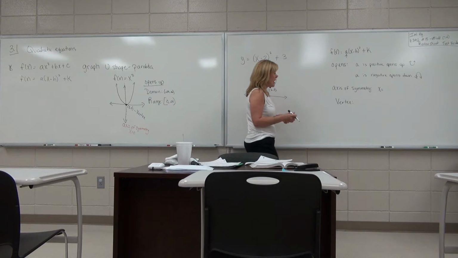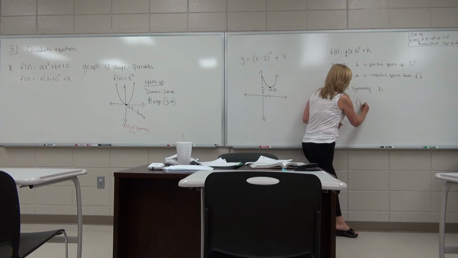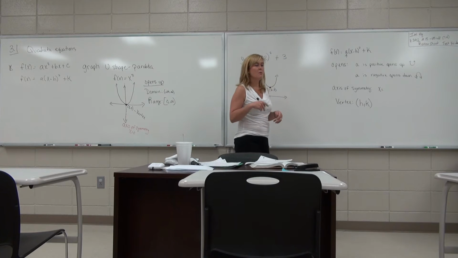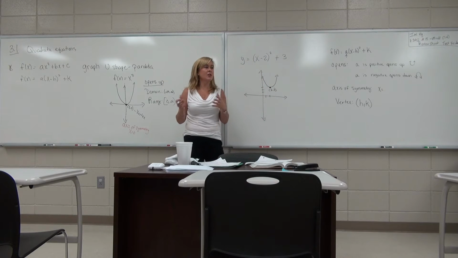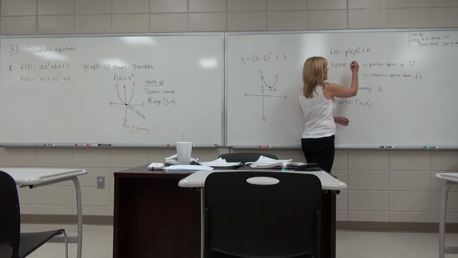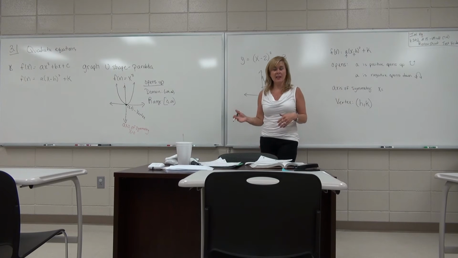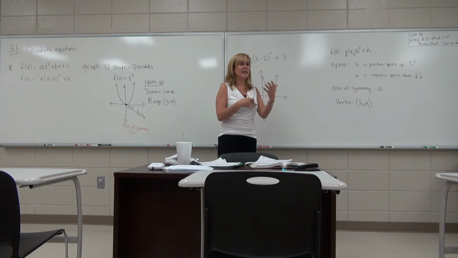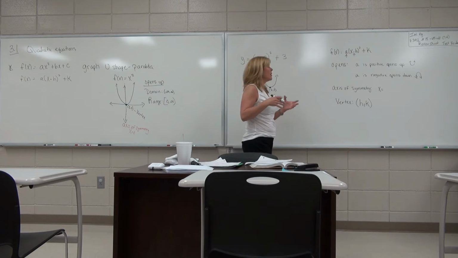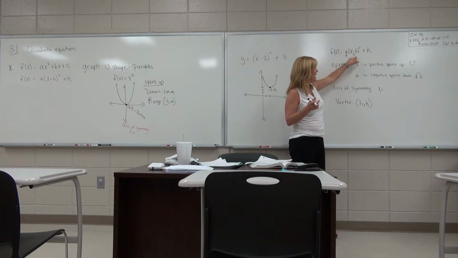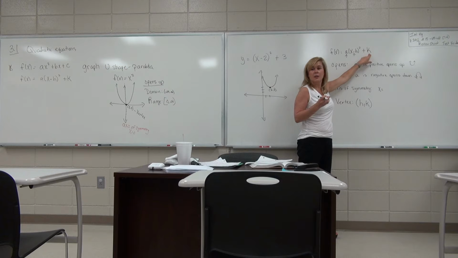But to get the vertex, your formula for the vertex is (H, K). It's kind of like that center radius form of a circle. What do you notice right here in this formula? It has a negative. Now when you multiply something by a negative, it changes the sign. Take the opposite. Just like with the circle, except here the H has a negative, but the K has a positive.